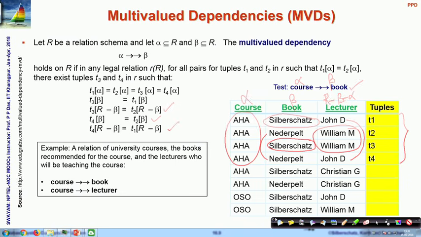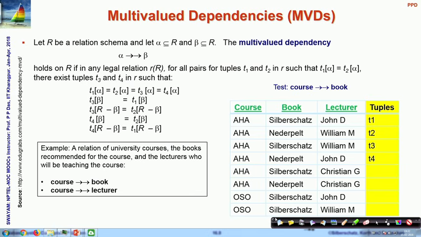In a similar way, you can mark your T1, T2, T3, T4 on this and check for course multi-determining the lecturer. Actually, we will soon state that if course multi-determines book, then it is trivial that course will also multi-determine lecturer.